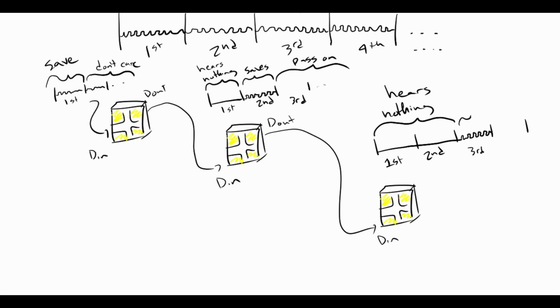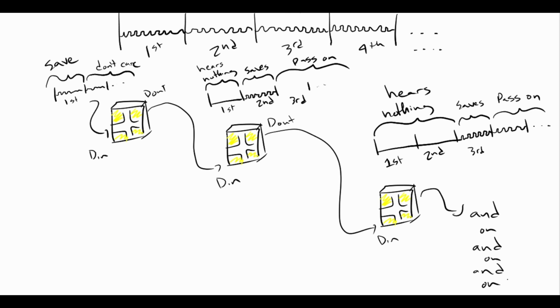Each LED will do this in succession, recording the first 24 bits, then passing the rest on, so that a theoretically infinite number of LEDs can be controlled off of just one wire. There are of course practical limitations, such as the power required to run infinitely many LEDs, but the number you're limited to is well in the thousands.